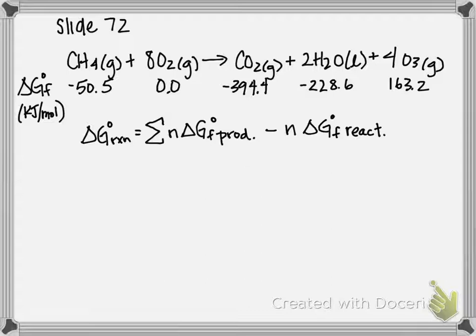Celsius. So one more way we can calculate the standard Gibbs free energy change of a reaction is if we know the standard free energies of formation of our reactants and products, we can use the following equation to solve for.